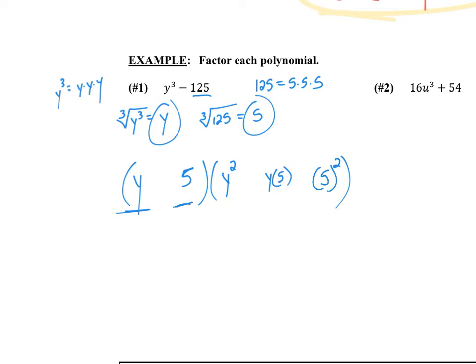And the symbols we use are same, opposite, plus. So same would be a minus sign. The opposite of a minus is a plus sign. And the last sign is always a plus sign. So if we do some simplifying, our answer will be y minus 5 times y squared plus 5y plus 25.